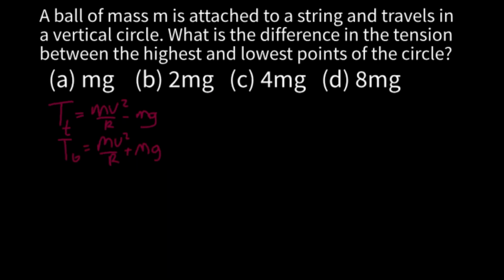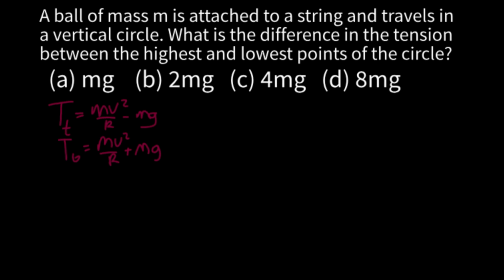Alright, now we can appreciate our different values for tension. So notice that, like with the top of the hill in the previous problem, at the top of the circle, tension can be less than it is at the bottom because gravity acts with the centripetal force to keep it constant.